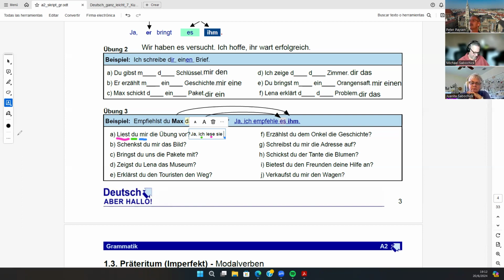Those are all wrong. So, ja, ich lese sie dir vor.